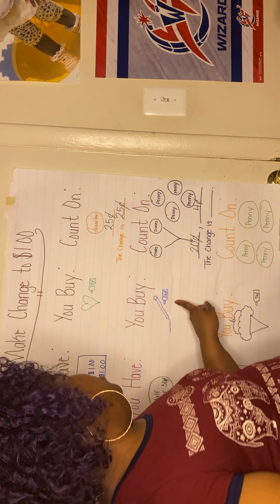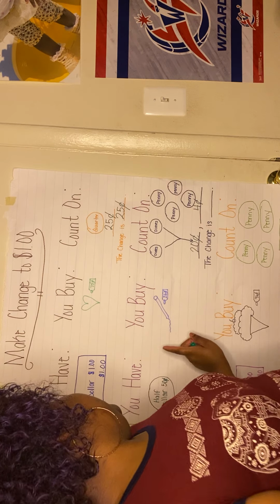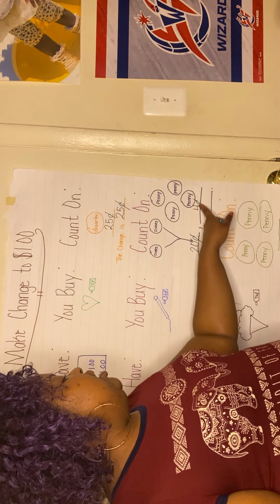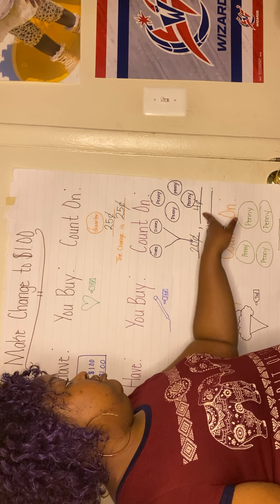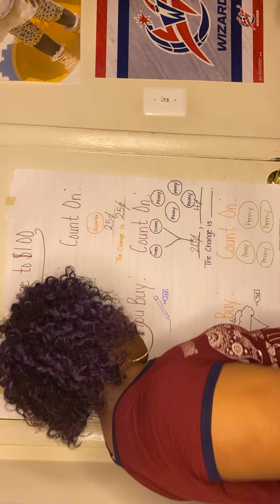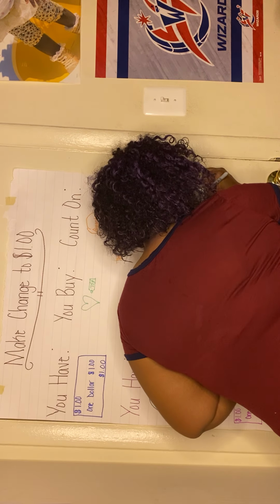So if I count on 26 to get to my half a dollar or my 50 cents, I'm going to need how many more cents? What's 20 plus 4? 24 cents is correct. So the change is 24 cents.